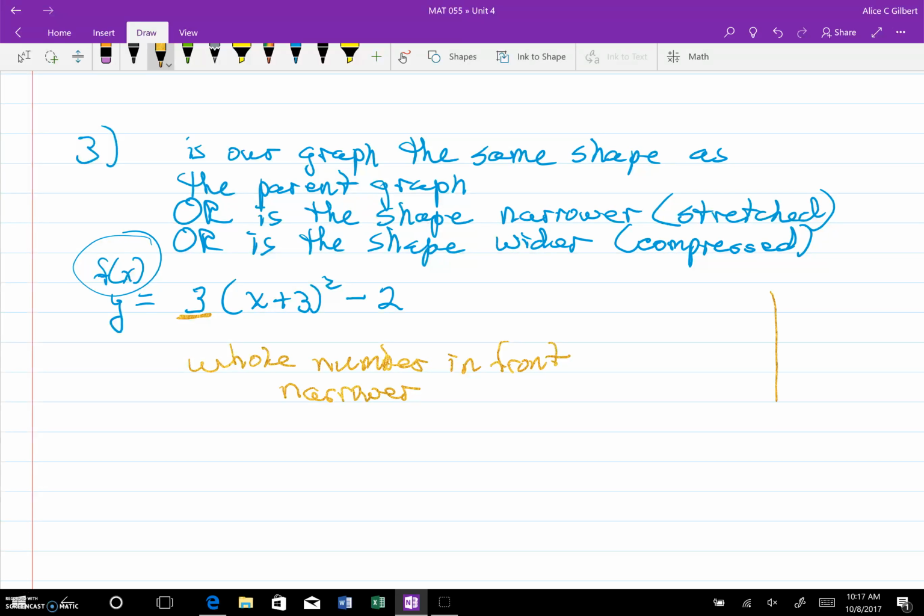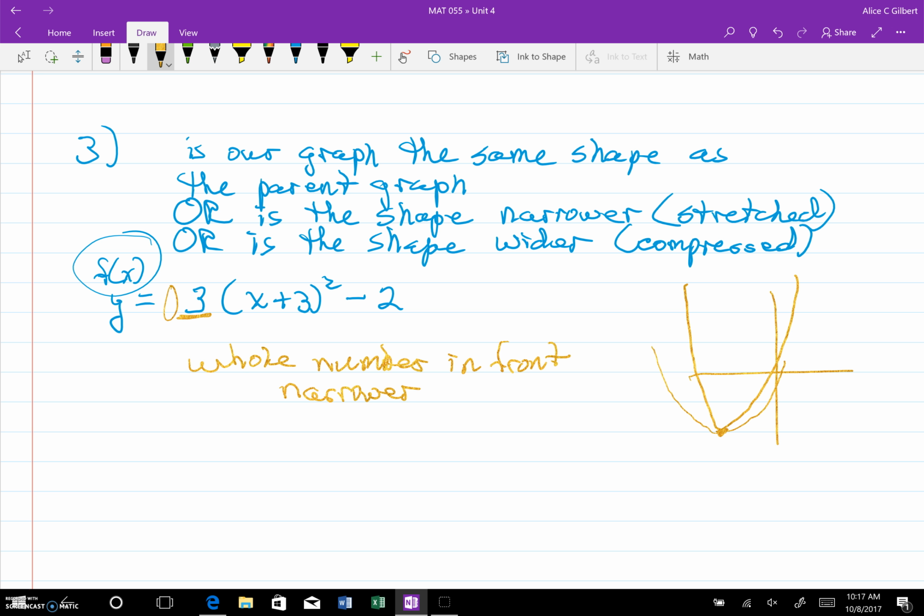In other words, when I graph, so this would be -3, -2, and it's going to open up. So instead of going like this, ours would go like this. And we'll talk about why and how.